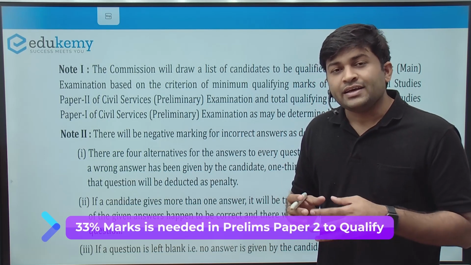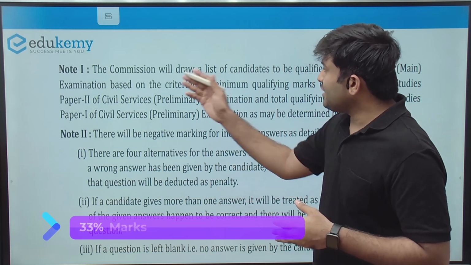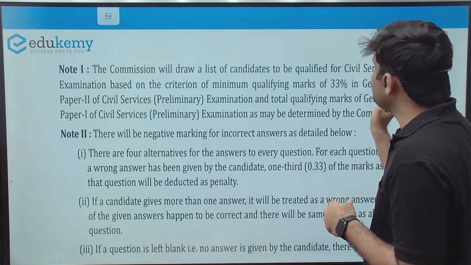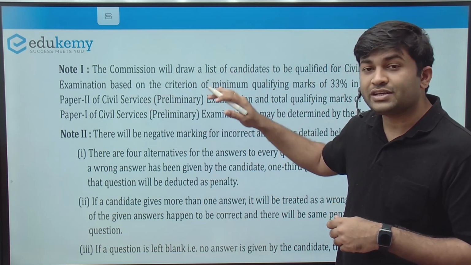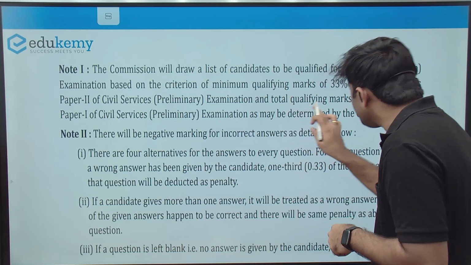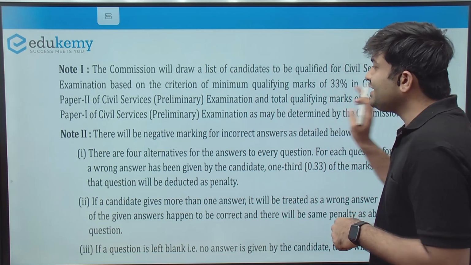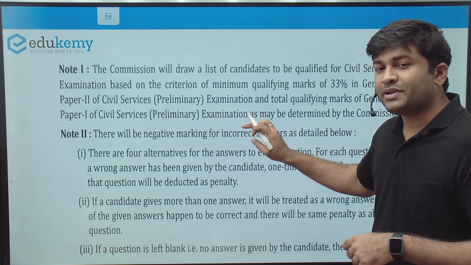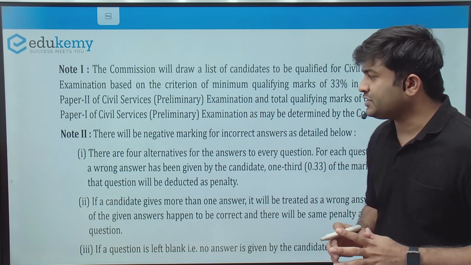And in paper 1, the commission draws a list of candidates to be qualified for the civil services main examination on the criteria of minimum qualifying marks of the total marks of general studies paper 1 of the preliminary examination as determined by the commission.